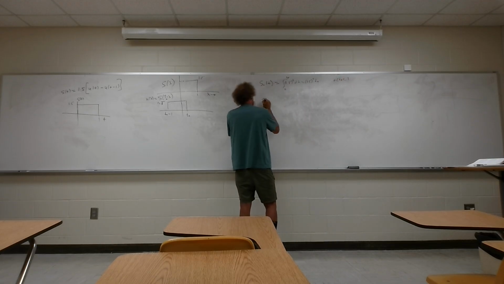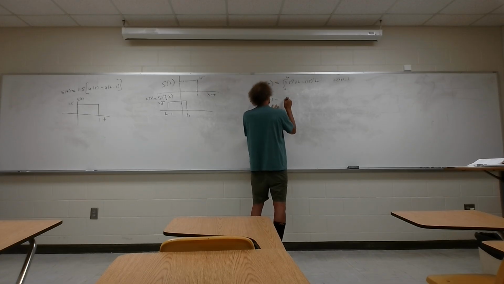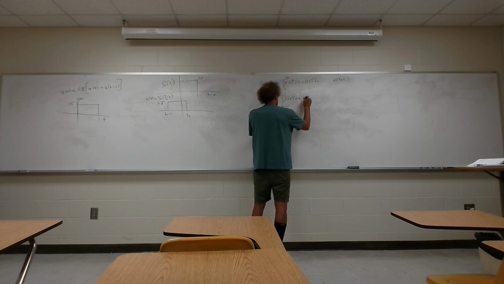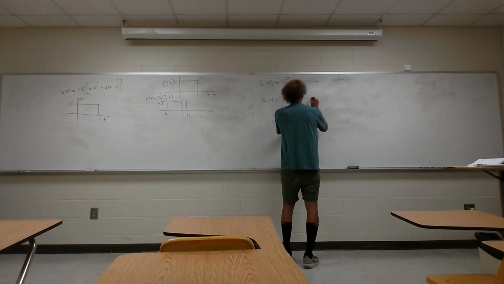And then the output, S naught of t here, is going to be equal to the integral from t naught minus 1 to 1 of 1.5 squared d lambda. And that's still going to be 1.5 squared.